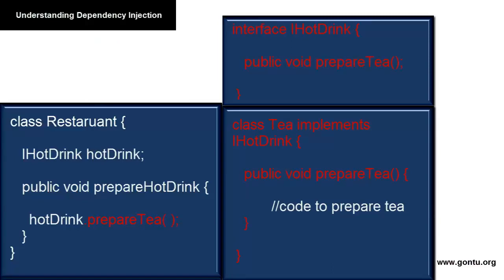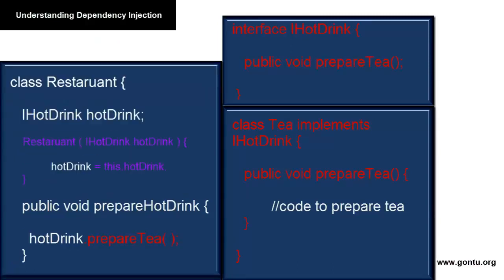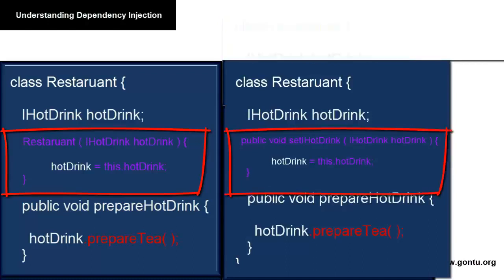In the restaurant class, you will write a constructor or a setter method using which the third-party program will initialize the value of the HotDrink interface with the tea object. I've written a constructor method here. You may change it to a setter method like this. All depends on your choice.